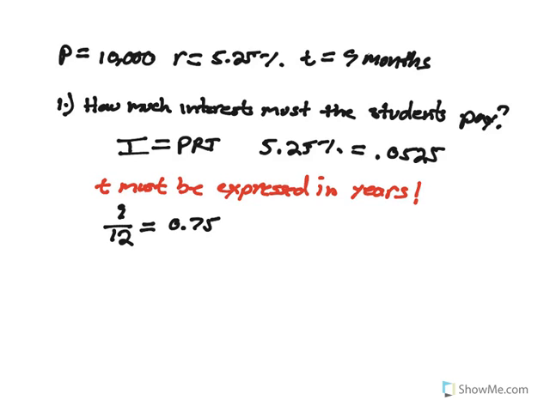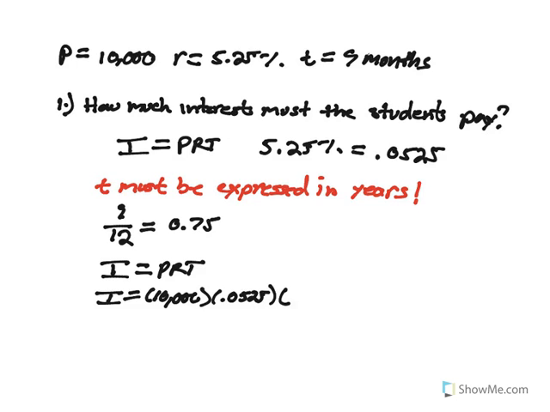Now, we're going to place all these values into the simple interest formula, which is why we need to know that. So let's go ahead and do that. We are going to put in the principal, which we said was 10,000 times 0.0525 times, what do we say?